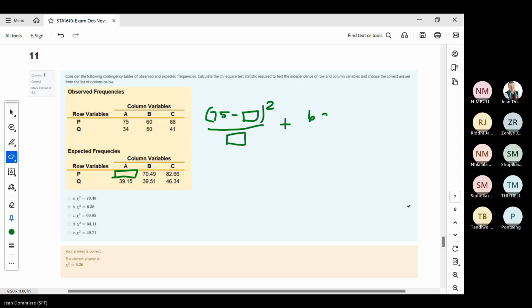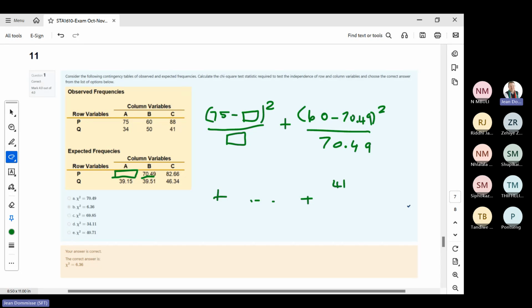60 minus 70.49, to the power of 2, divided by 70.49. And then you need to do all of them up until the last one.